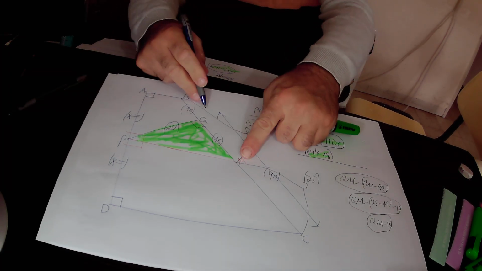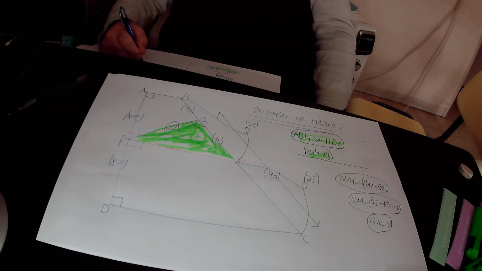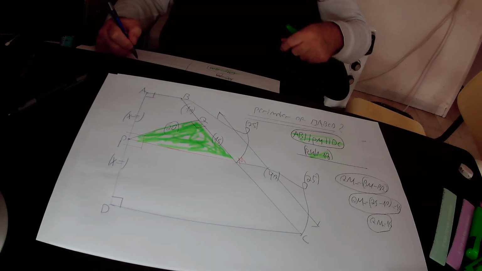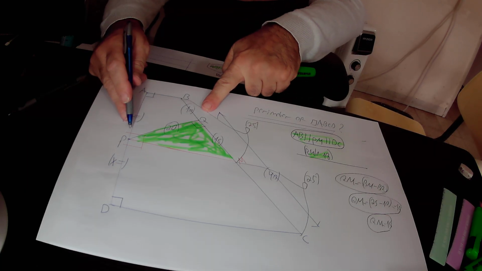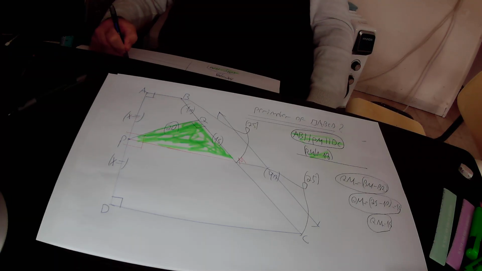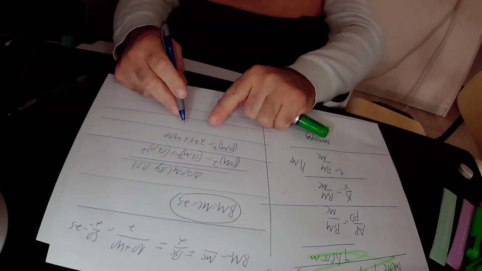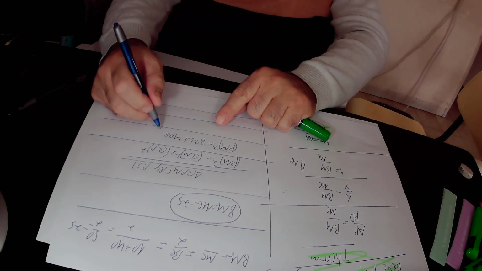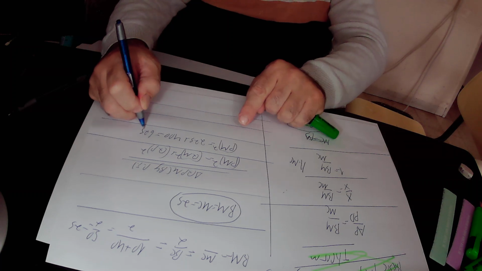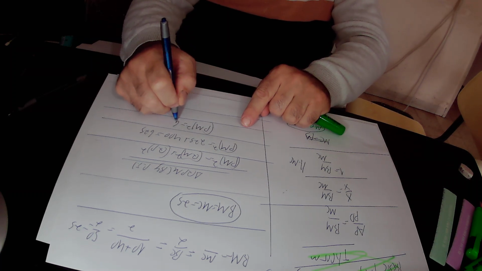equals QM squared. QM is 15, and therefore QM squared is 15 squared, that is 225, plus QP squared. QP is 20, and therefore QP squared is 20 squared, that is 400. So in total, we should find out that PM squared equals 225 plus 400, that is 625.